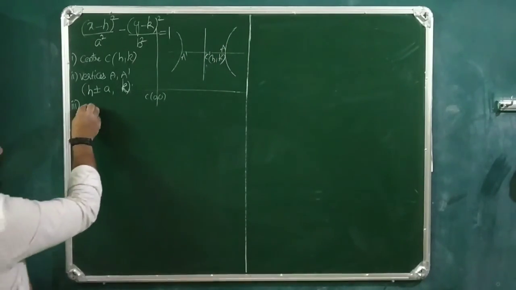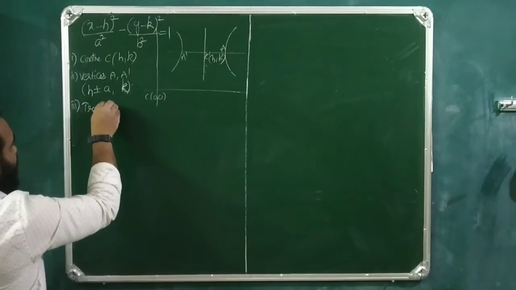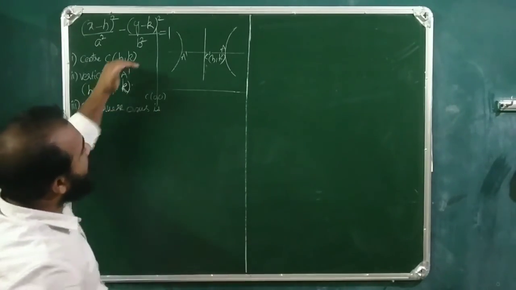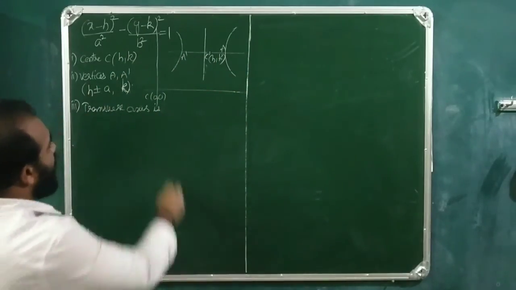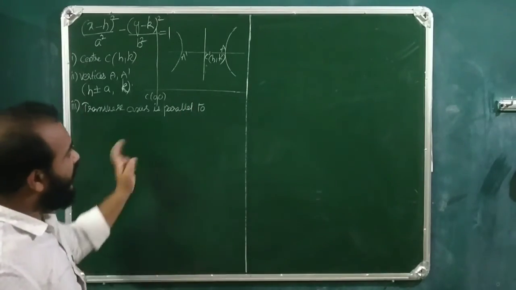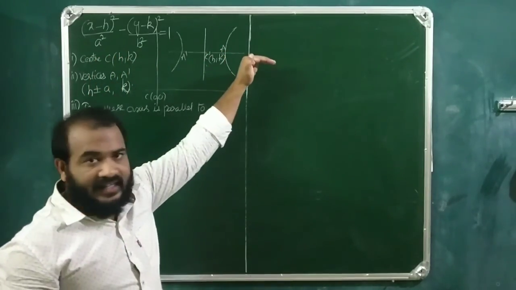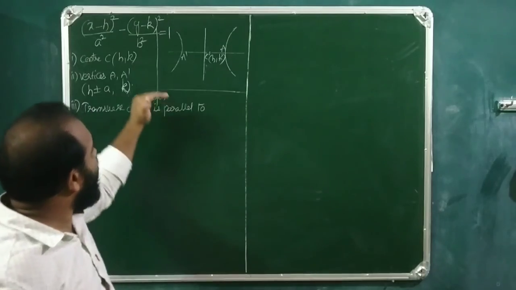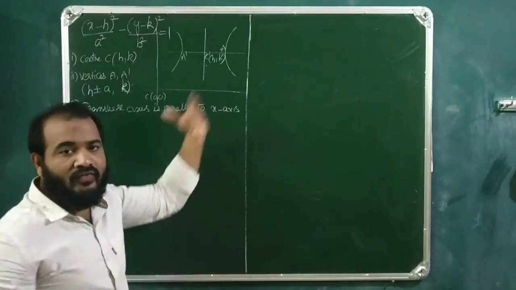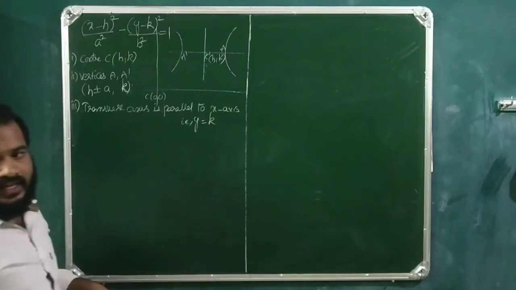Next, earlier the transverse axis was along the x-axis, y equals 0. Here the transverse axis is parallel to the x-axis. Earlier y equals 0, now y equals k.